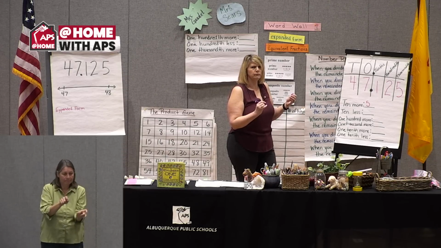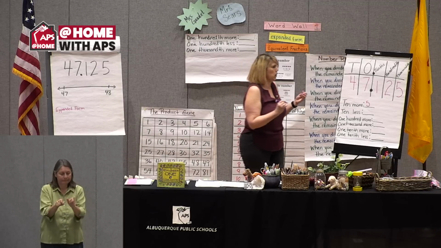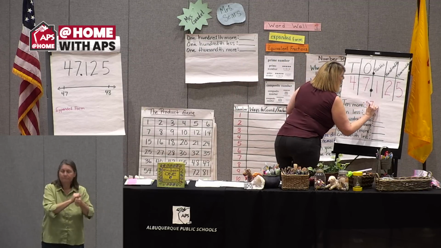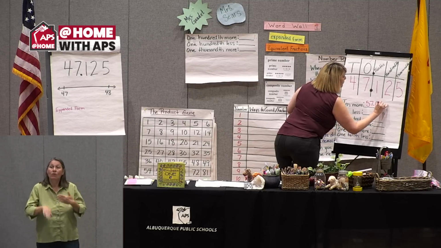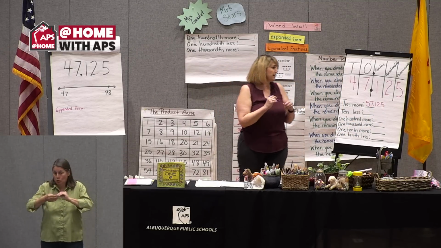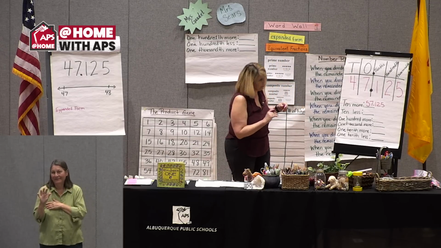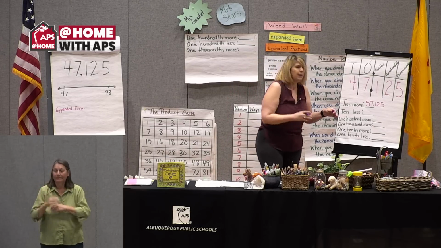No. Do I need to change my hundredths? No. Do I need to change my thousandths? No. So I better make sure I keep all of those same numbers intact, and my new number with 10 more is going to be 57 and 125 thousandths. Wow, that's just a mouthful to say.